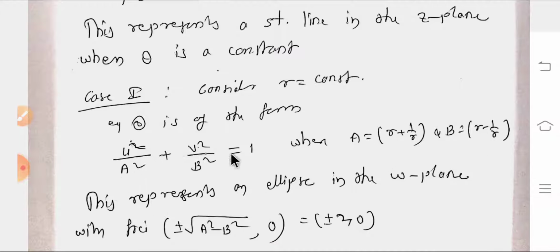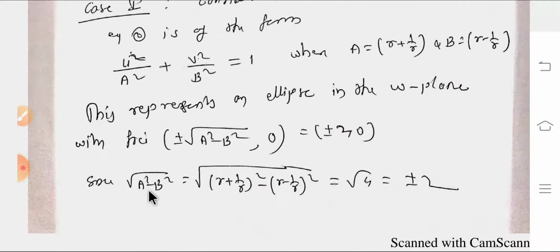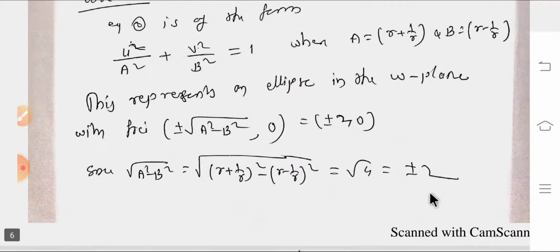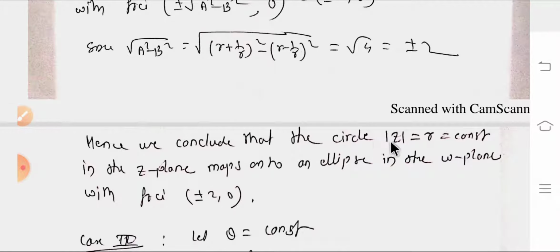This represents an equation of an ellipse in the w plane with foci plus or minus root of a square minus b square comma 0, and that is equal to plus or minus 2 comma 0, because a square minus b square gives 4, and the square root of this is 2. Hence we conclude that the circle modulus equal to r constant in the z plane maps onto an ellipse in the w plane with foci plus or minus 2 comma 0.